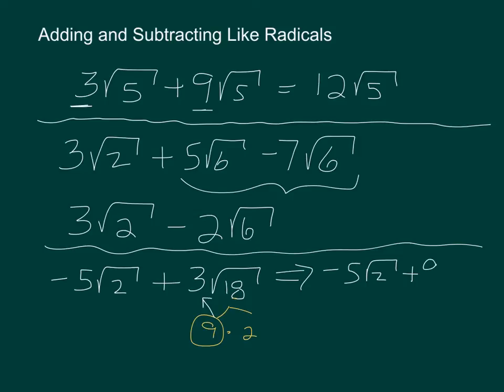So I'm going to get 9 radical 2. So what happened there is I took the square root of 9, which is 3, and I multiplied it by that 3 that was out in front. So now I have two like radicals. Minus 5 radical 2 plus 9 radical 2 is 4 radical 2.